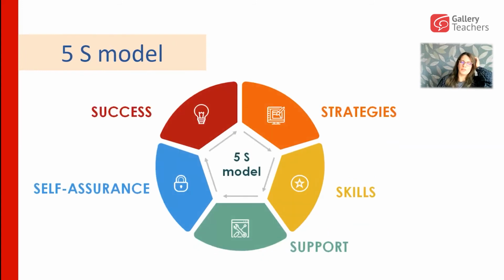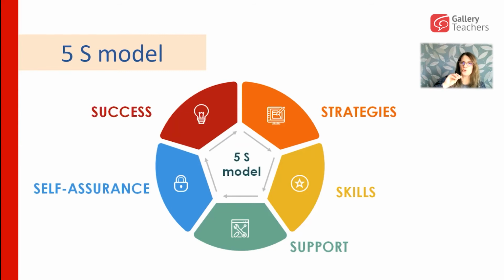Another thing that you could be looking at is a bidirectional model, which is called the 5S model, once again assembled by Ilka. We're looking at the strategy, skills, support, self-assurance, and success of the learner. And the way that you can use this tool is that you ask your learner coaching questions about these. You can ask your learner or learners, you can work in pairs or groups so that the learners feel comfortable.